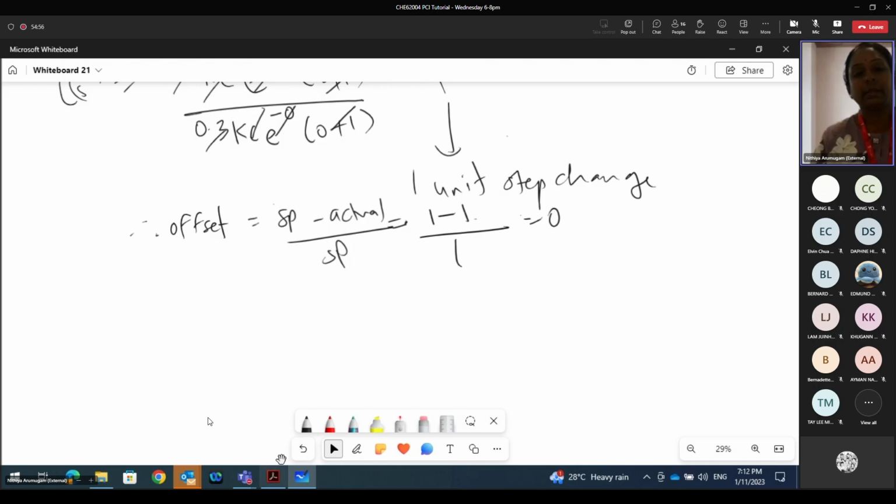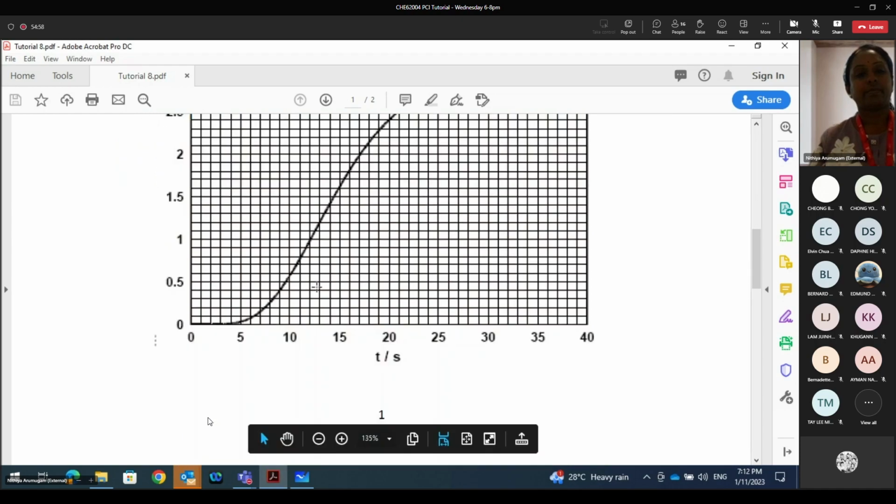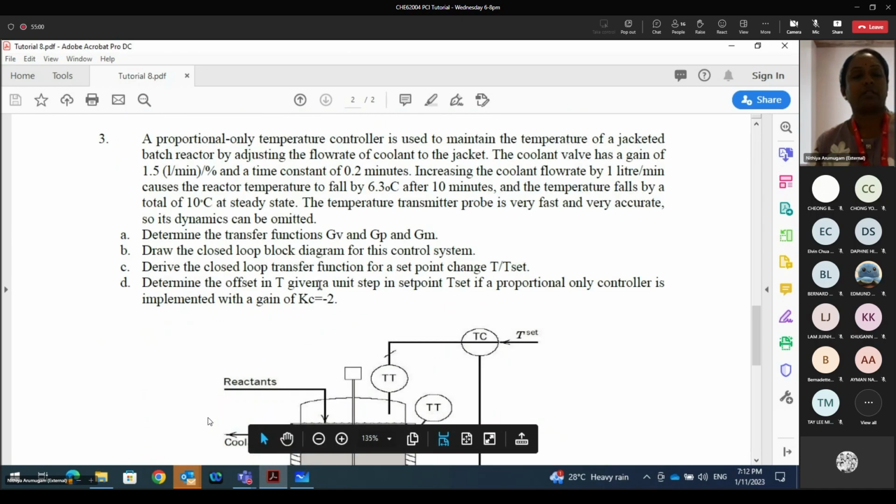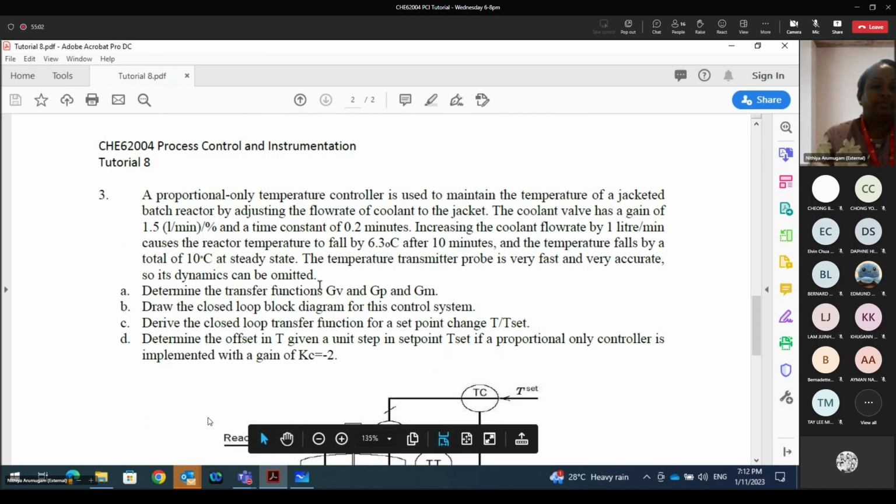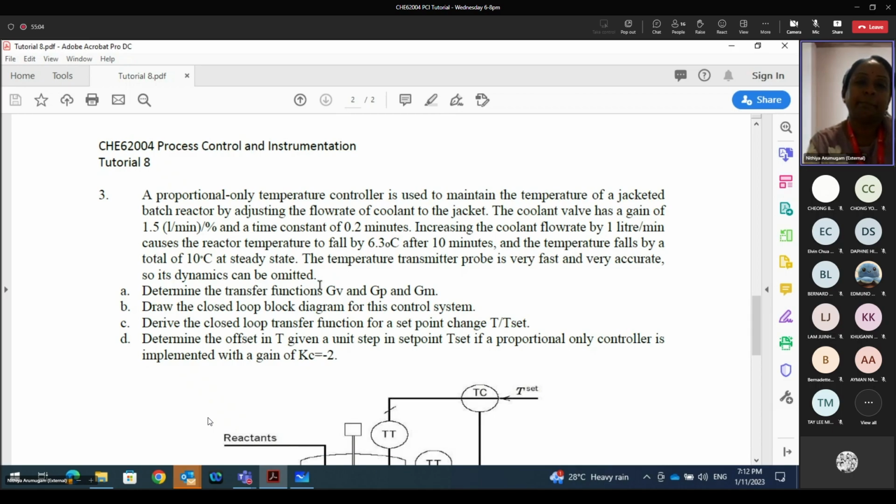Now part 3. A proportional only temperature controller. So here P only is used to maintain the temperature of a jacketed batch reactor by adjusting the flow rate of coolant to the jacket.